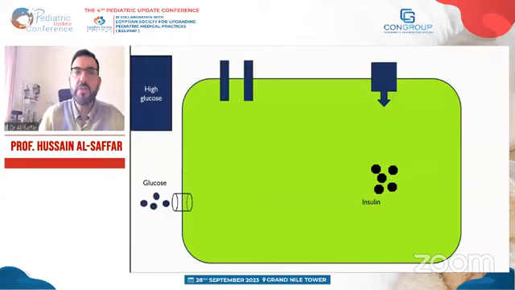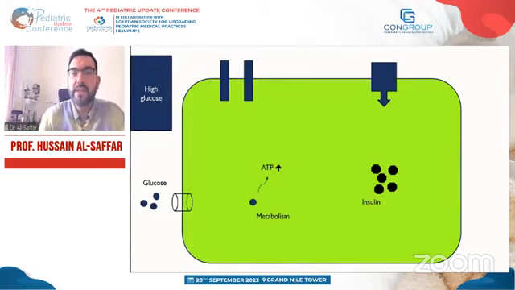So let's go through this illustration, trying to understand a little bit how the hyperinsulinism occurs. If we have high glucose in the circulation, this is normal physiology. High glucose means the glucose goes inside the cell, and that will increase the metabolism, resulting in more ATP in proportion to the ADP.